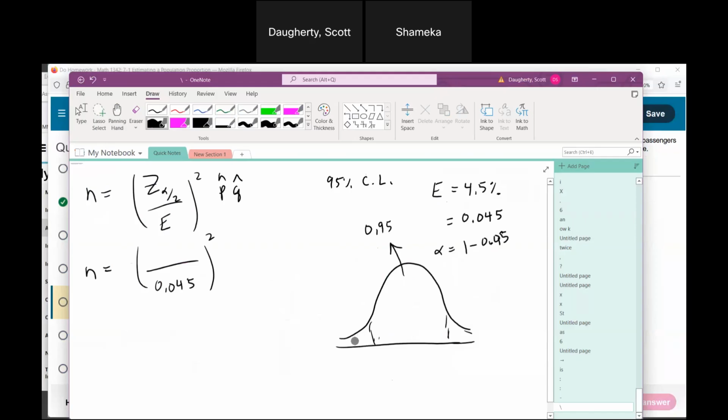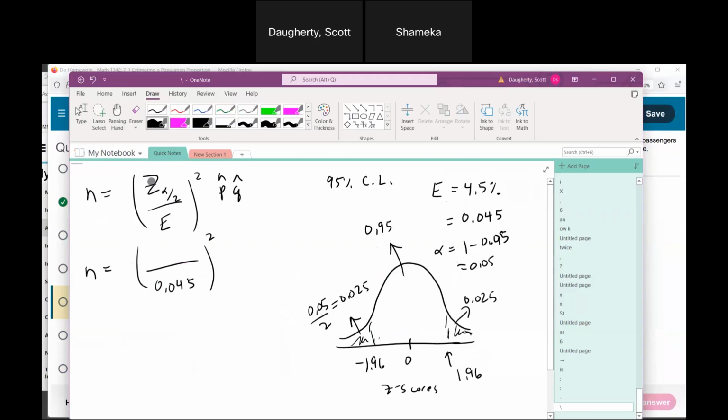And that's the total area left over in this tail and this tail combined. It's 0.05. And of course, you want the amount to be the same in each tail, so you have to divide by 2. So same thing we did before. And you end up with the same number. You go and do inverse norm of the area to the left, and you end up with 1.96. Same thing we had before. This one's negative 1.96, but we want the positive one.